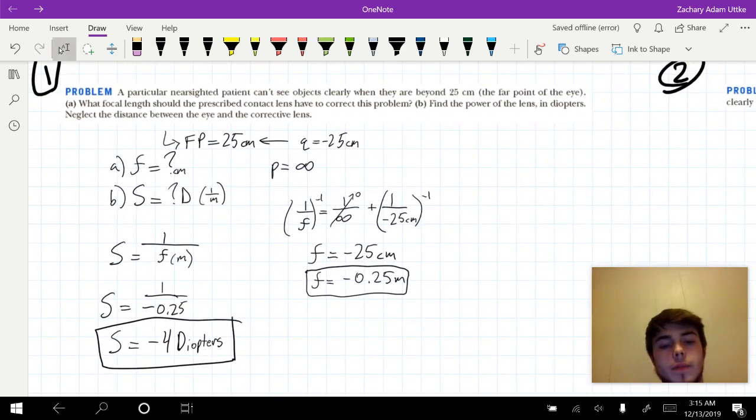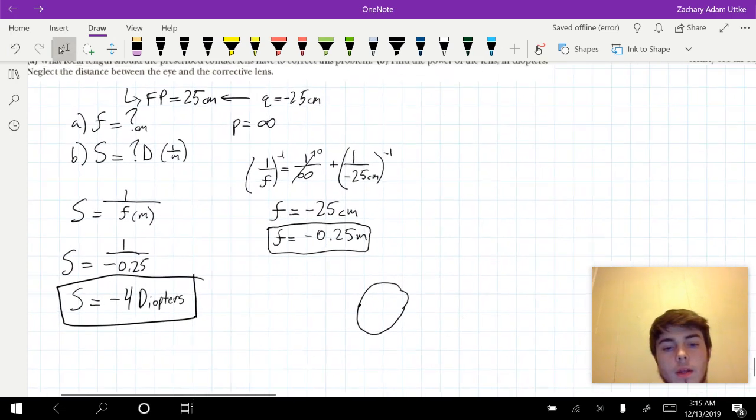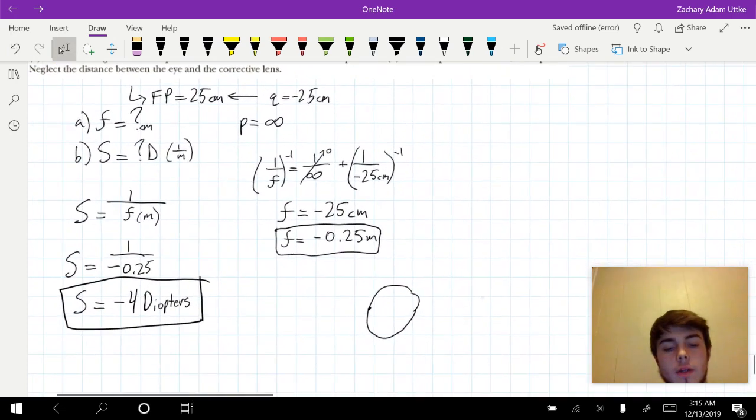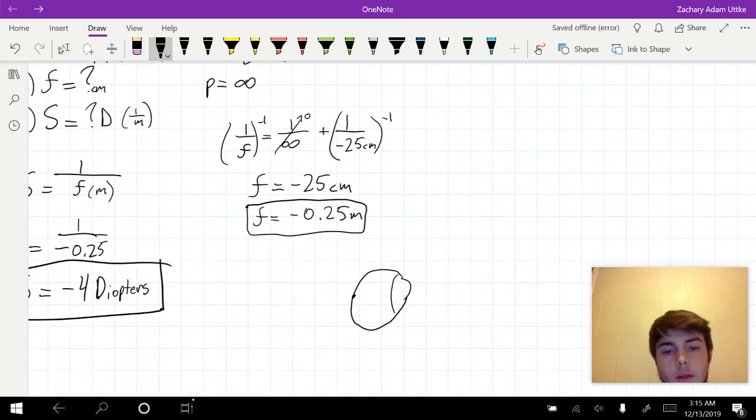And also, what does this mean? So we have a negative focal length. So let me actually draw this out. What's happening for someone that is, in this case, nearsighted, they have myopia, and it means that their lens is converging their eyes too short of the retina back there. So the rays are converging too soon.